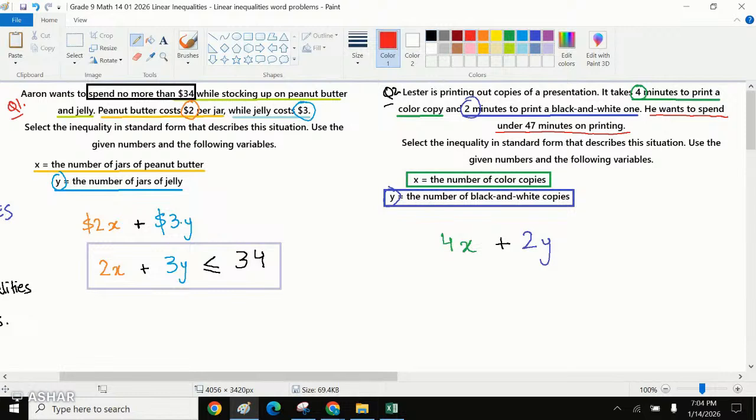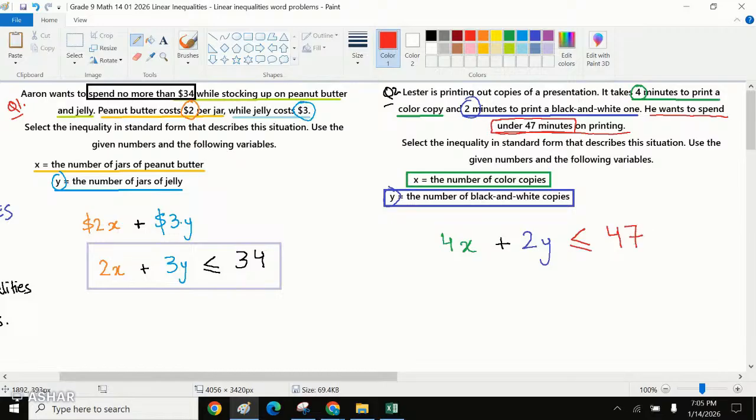But they're also telling us that he wants to spend under 47 minutes, right? He does not want to spend more than 47 minutes. So the time duration for doing these copies cannot exceed, it should be less than equals to 47, right?